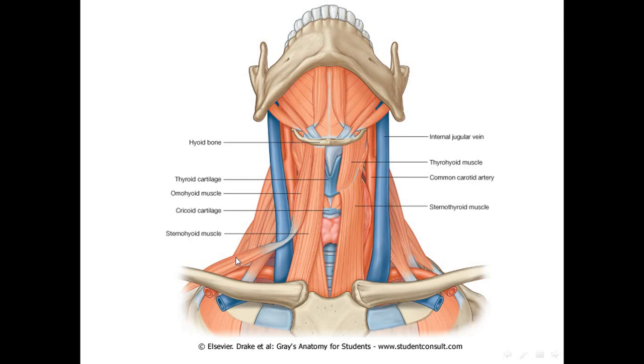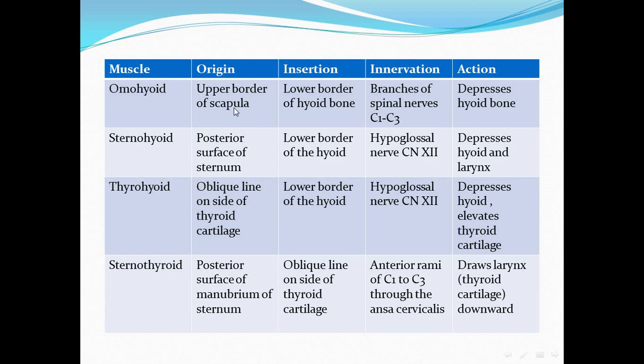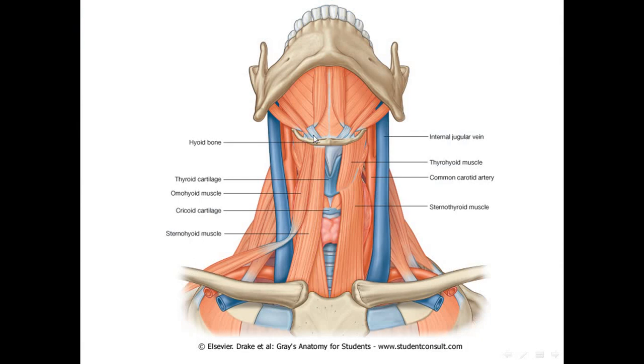The omohyoid originates from the upper border of the scapula, then it's inserted on the lower border of the hyoid bone. The other muscles in the infrahyoid area are the thyrohyoid, which extends from the lower border of the hyoid bone to the oblique line of thyroid cartilage.